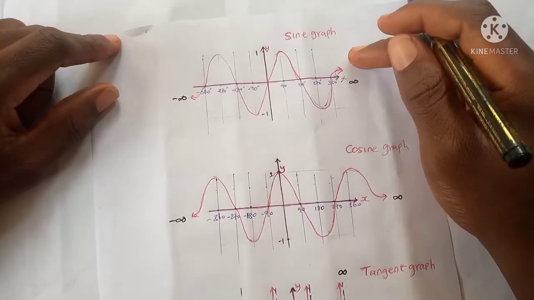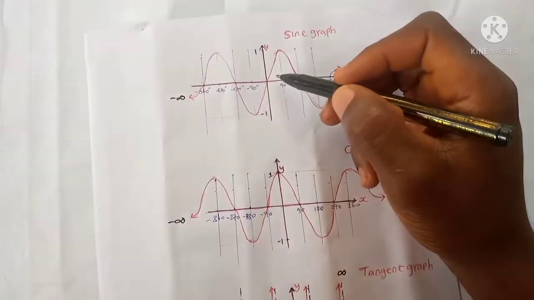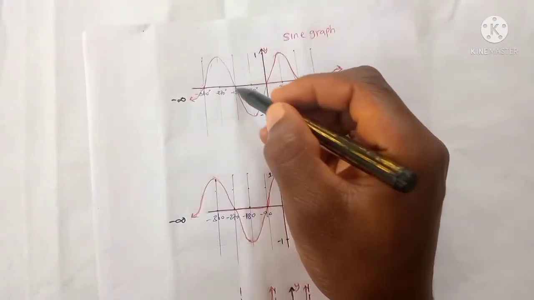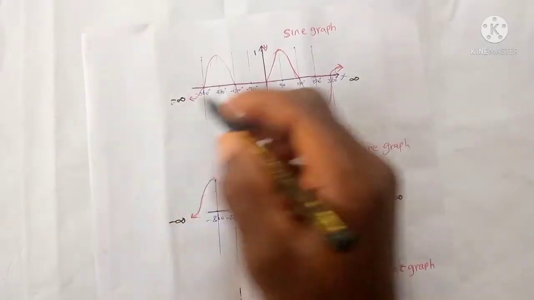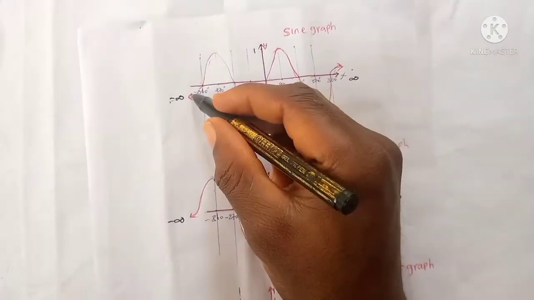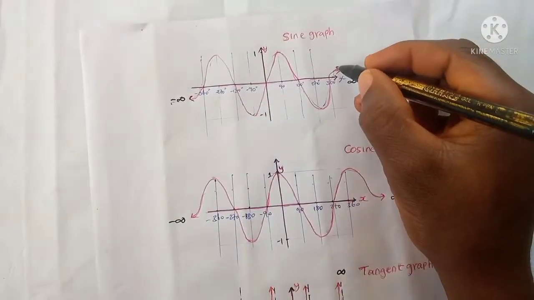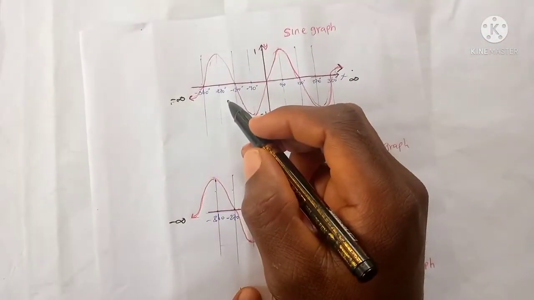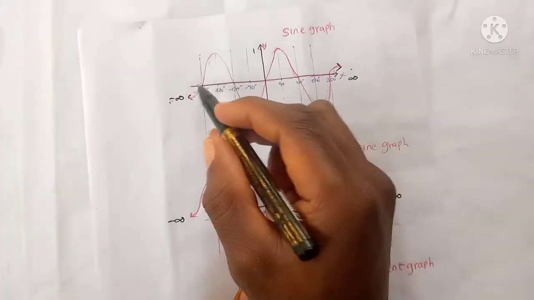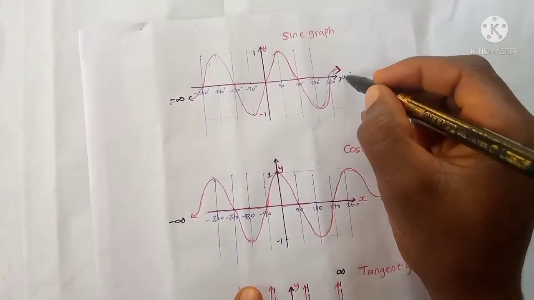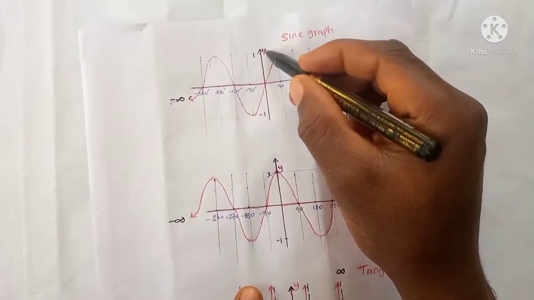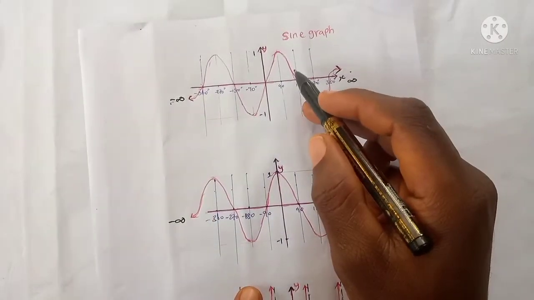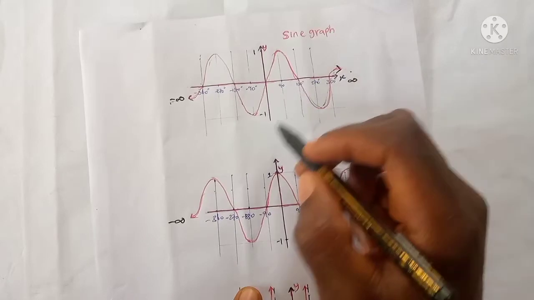This line goes from negative infinity to positive infinity. That's why I put an arrow here and also here. The domain is the possible x values. This is the x-axis and this is the y-axis. What are the possible x values that will satisfy this sine graph?